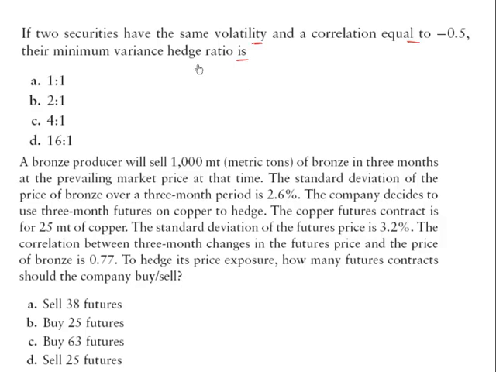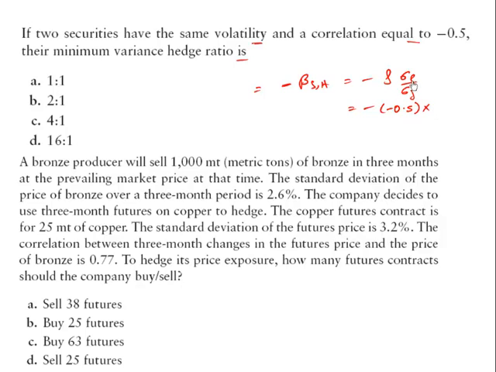Please remember, minimum variance hedge ratio is given as minus of beta of the stock with the hedging instrument, or beta of the stock with the futures. Beta is defined as correlation into sigma of the portfolio upon sigma of the futures. Correlation is given to be minus 0.5.